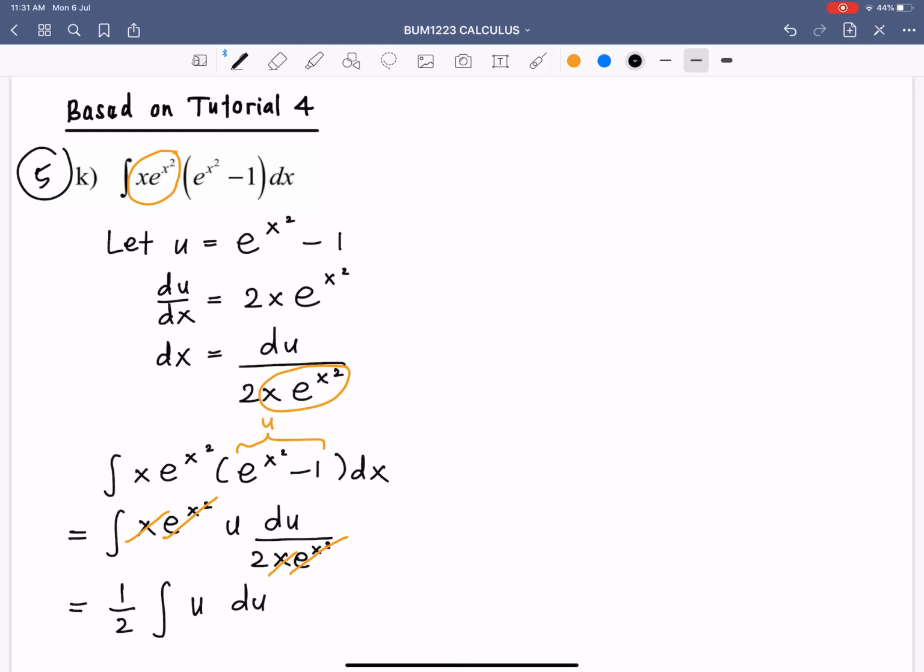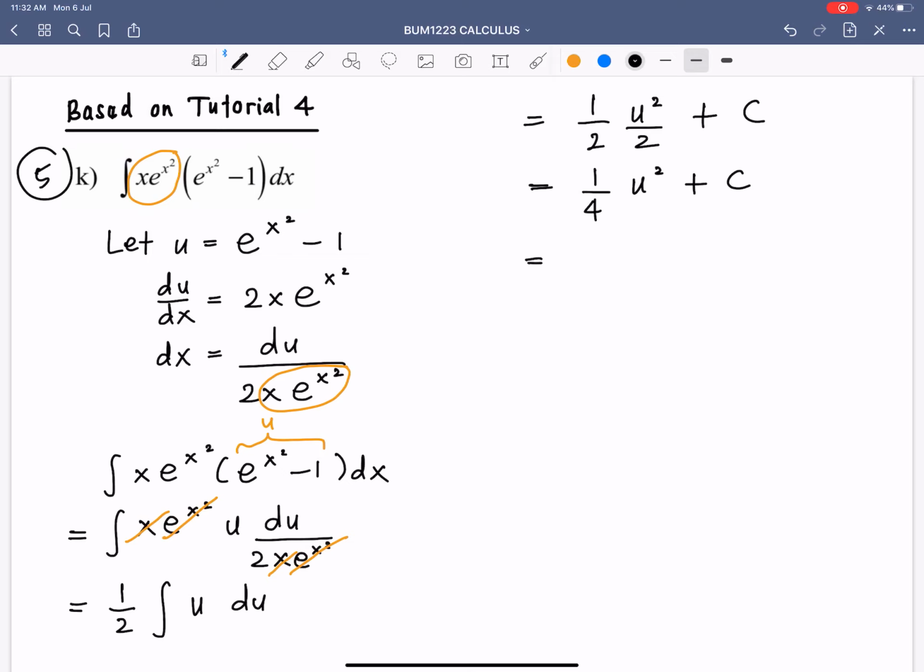Now we just have it in terms of u, where this can be integrated easily. It is equal to 1 over 2 times u squared over 2 plus c, and this is equal to 1 over 4 u squared plus c. And remember, your final answer must be in terms of x.